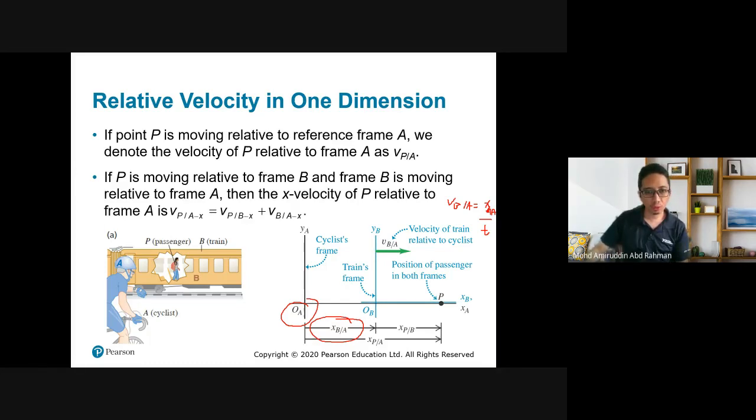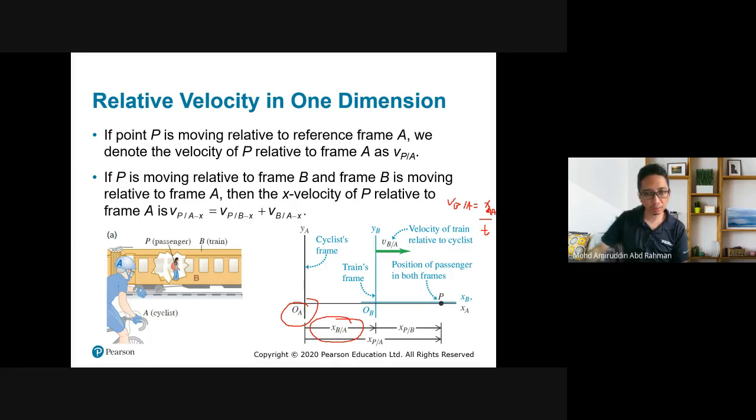All right, so we see the position of the passenger. We have a passenger now. Let's say the position of the passenger is here. At this original point, none of the objects, the cyclist and the train, is moving. But now let's say it is moving in that direction.